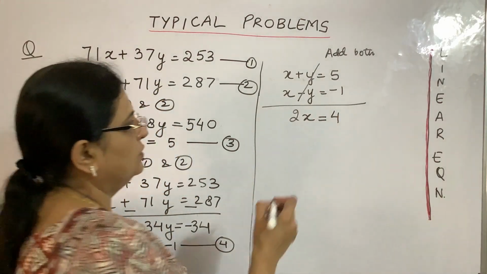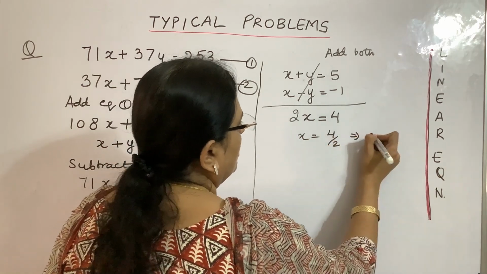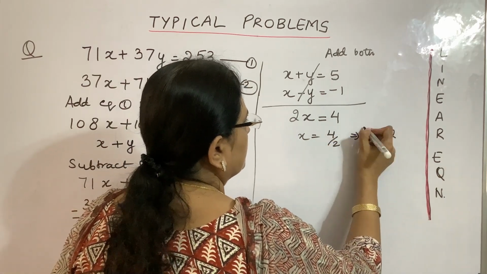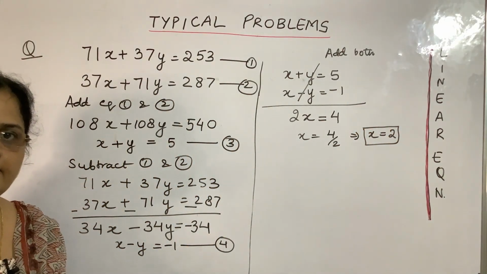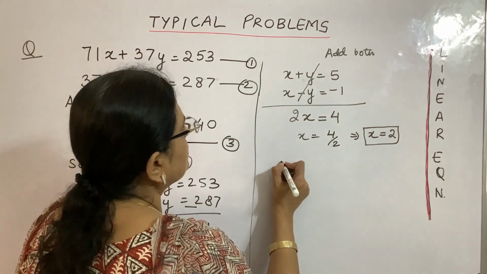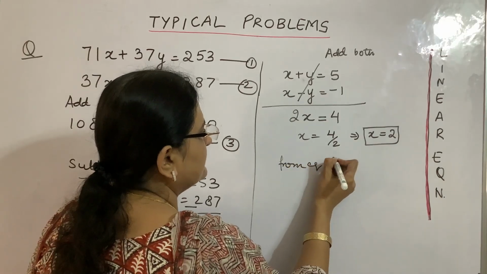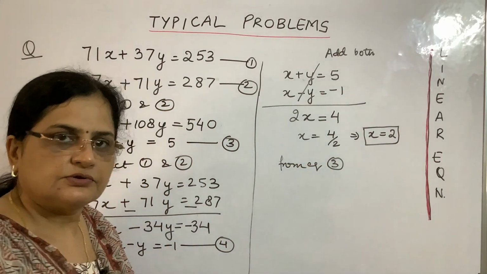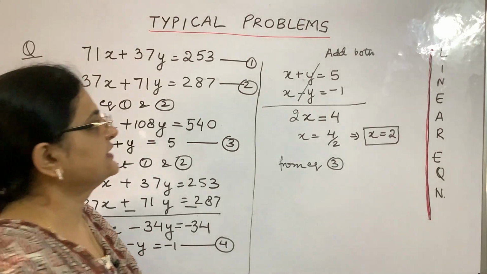Okay, so x will be equal to 4 upon 2, or you can say x is equal to 2. Fine. Now let us find out the value of y. So from equation 3, whichever equation you want. So I am putting the value in equation number 3. You can put it in equation 4 as well.